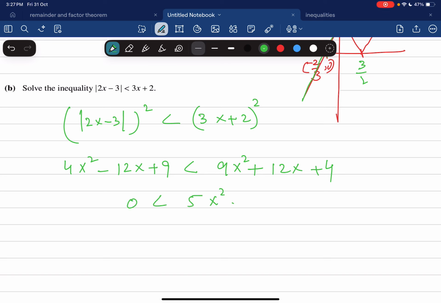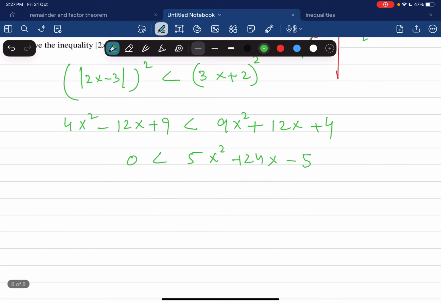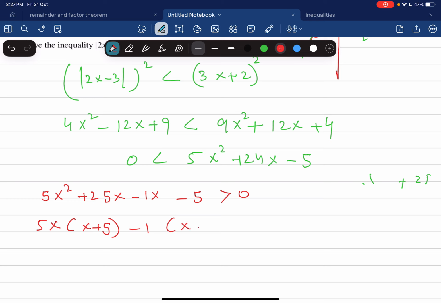Five x square plus 24x minus 5. Now 1 and 25: 5x square plus 25x minus 1x minus 5 greater than 0. 5x common, x plus 5; minus 1 common. Inside the sign changes. 5x minus 1, x plus 5.